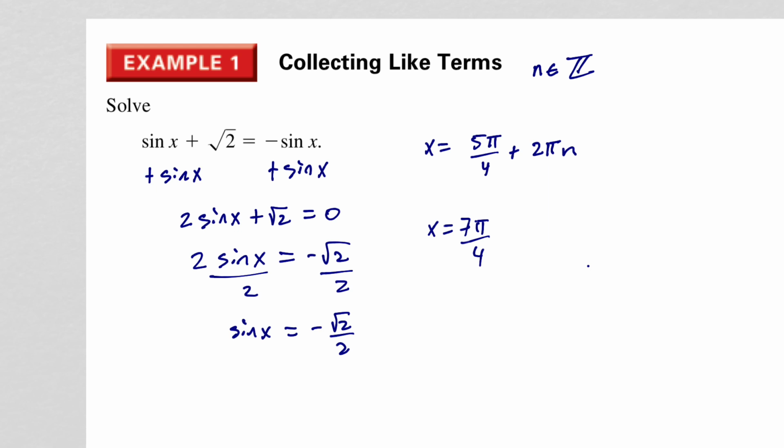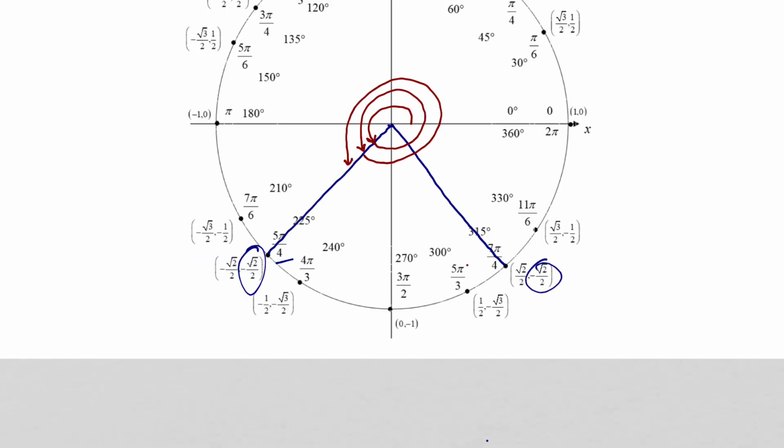So if I added 2 pi, or if I added 4 pi, or if I added 6 pi, that would also be a solution. And the same goes for the 7 pi over 4, right? The 7 pi over 4 is this angle from here all the way around to here. But if I did another full rotation, that would also be a solution.